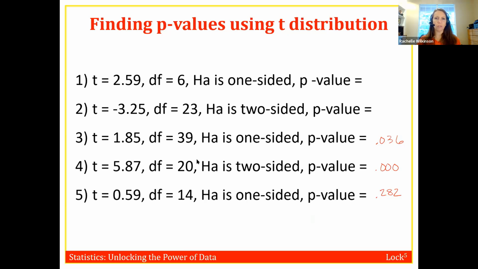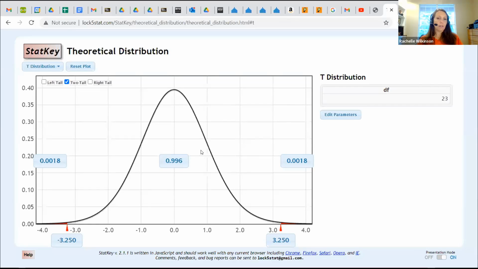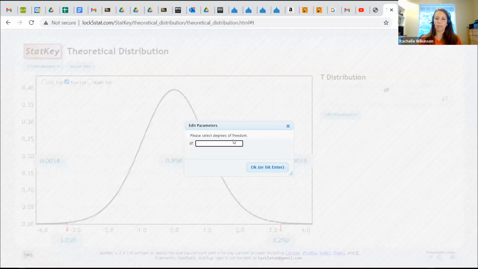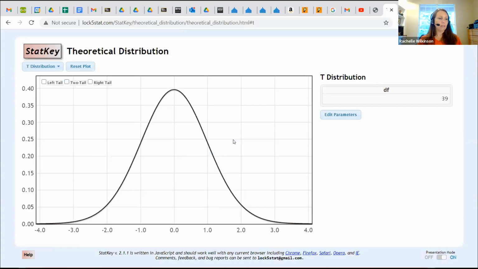Let's just go look at these real quick in StatKey and review how to do them again. So number 3 had T of 1.85, degrees of freedom 39, and it was a one-sided test. So first I'm going to change my degrees of freedom to be 39.